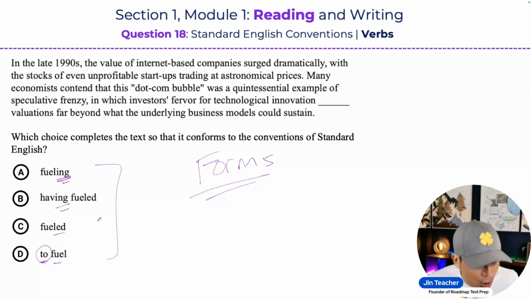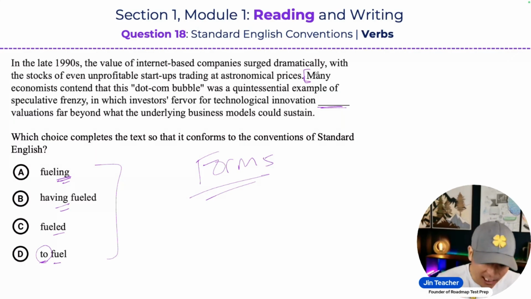Okay, so with that being said, jumping into this question. I'm just going to start off with the second sentence here, just for the sake of time, because the underlined portion, the underlined blank, is part of the second sentence only. I don't recommend you doing this; I want you to read from the beginning, but in this part of the answer explanation, I'll just read from the second sentence.